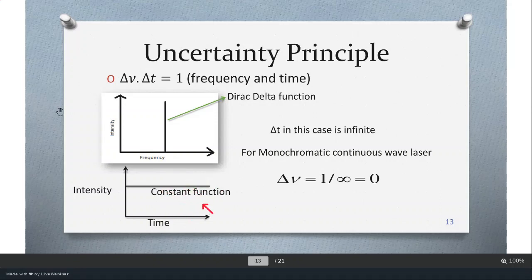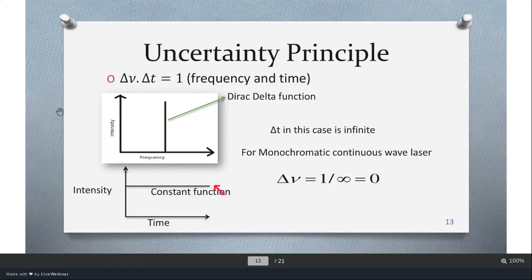This is a continuous function, a constant continuous function, and it will never stop. As long as the electricity is there, the laser will never stop.